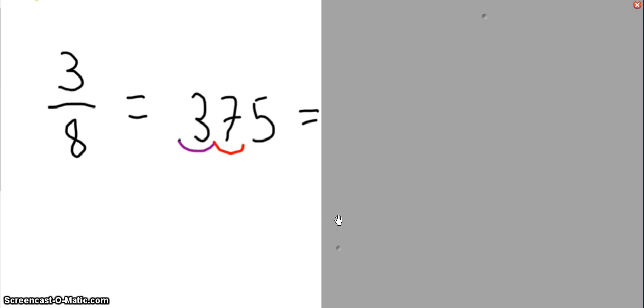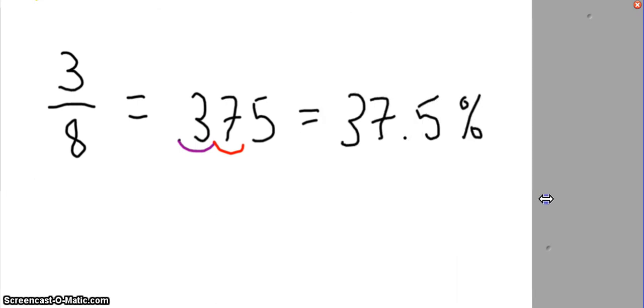We can either do it by hand by shifting the decimal 2 places to the right, or we can do 3 divided by 8 in our calculator, and we know that equals 37.5%. So there we went from a fraction all the way to a percent.